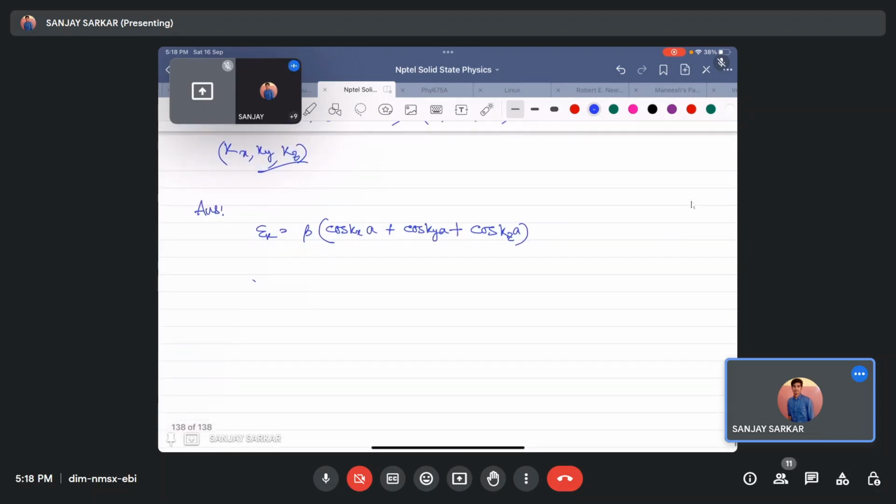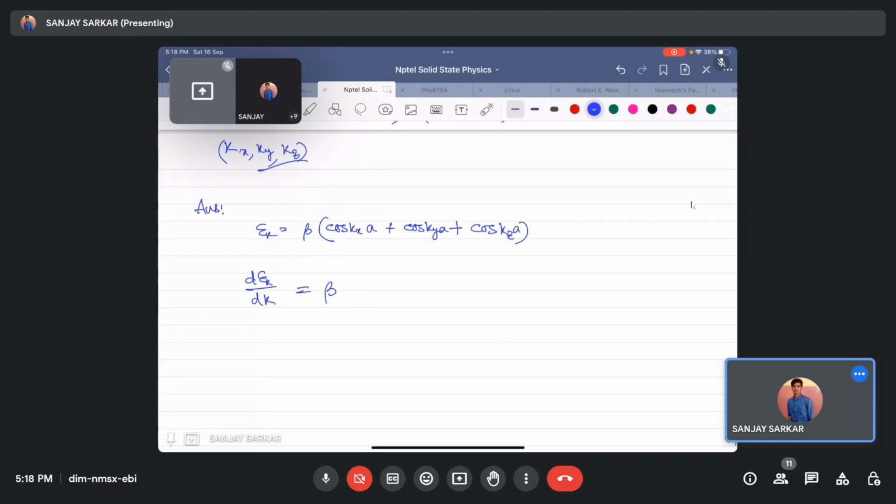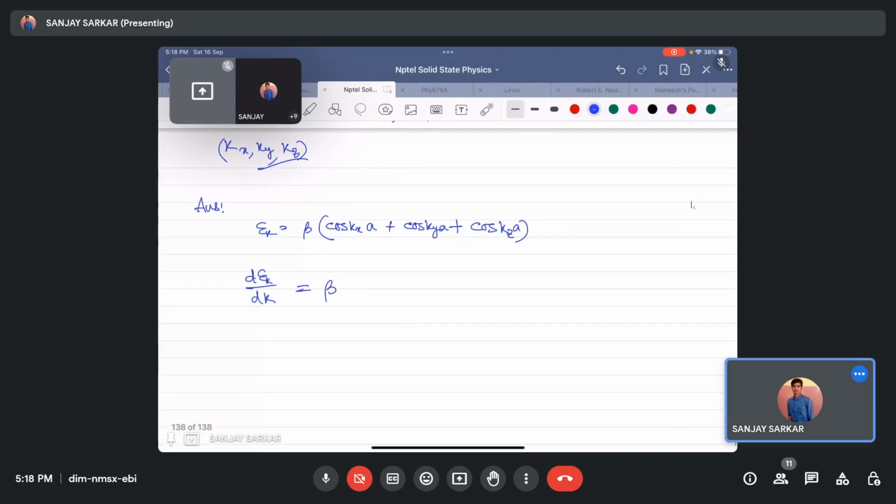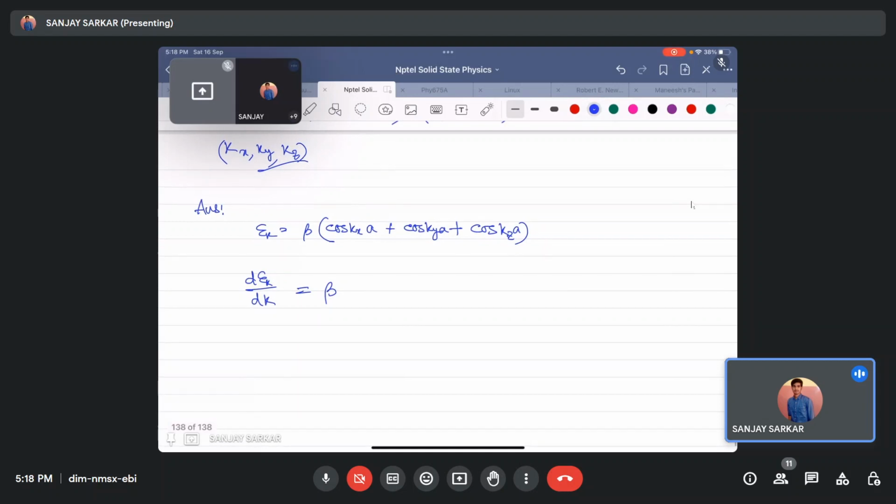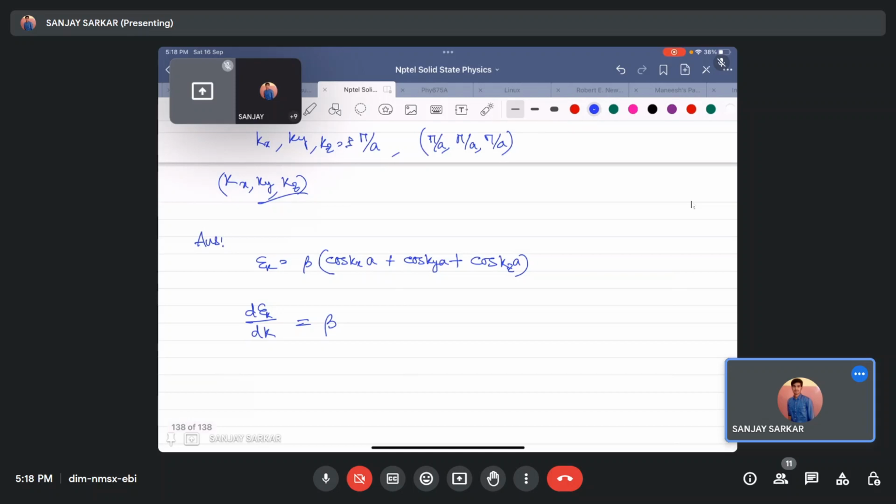So first calculate what is d epsilon k dk. That will be beta into a outside. The first thing you need to do is, at the Brillouin zone boundary, put in all the values of k.